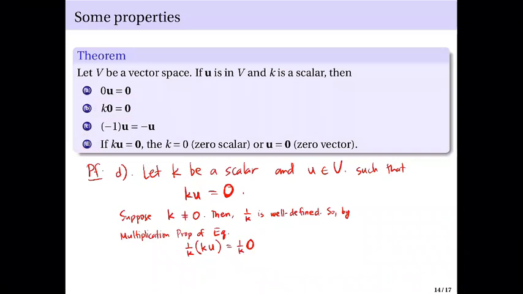You multiply it to the 0 vector. This is just the 0 vector. So by multiplication property of equality, I'll separate this equality here. So by MPE, we have this.